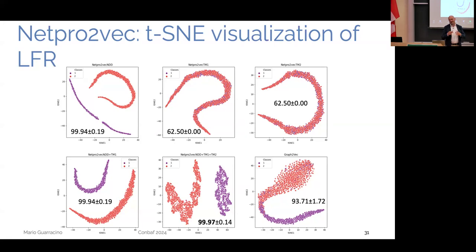For single graphs, there are so many papers that sometimes it's even difficult to make a bibliographic search. At the last ICML conference, there were, I don't know, more than 100 papers on graph neural networks. So it's very difficult to keep up to date.